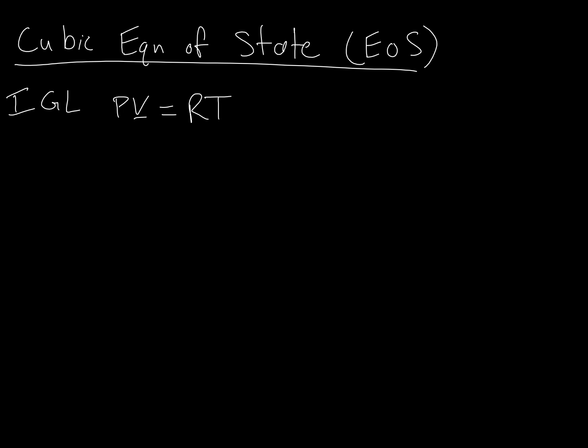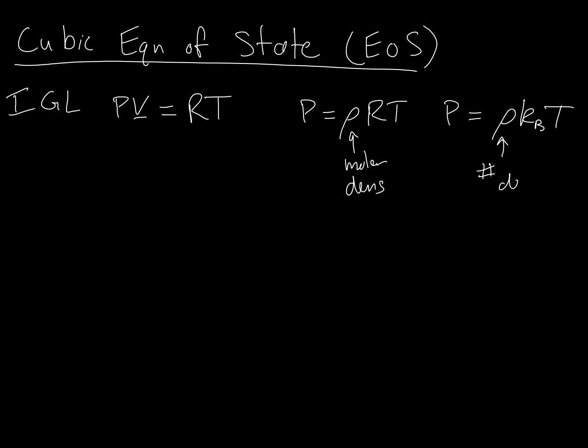A lot of the times you'll see P is equal to rho RT, or in StatMech you'll maybe see P equal to rho kB T. In this case, this would be molar density: how many moles per unit volume are there? In this case, this would be a number density: how many particles or molecules are there per unit volume?